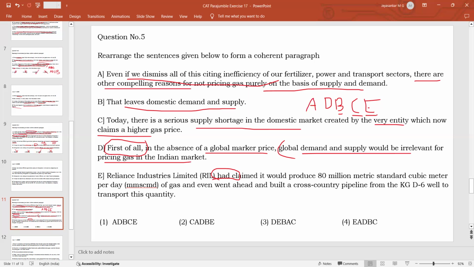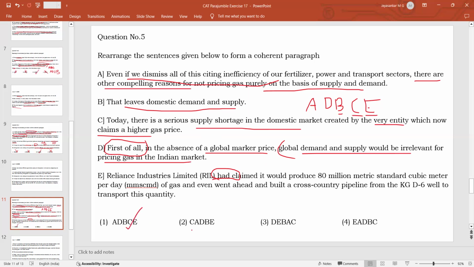So this is why the passage is basically arguing that not only the international demand and supply or the domestic demand and supply can be a good criteria for fixing gas prices in India. This is the meaning. So the essential idea is that neither the domestic demand and supply nor the international demand and supply are going to be good criteria for fixing gas prices in India. So ADBCE will be a better answer.